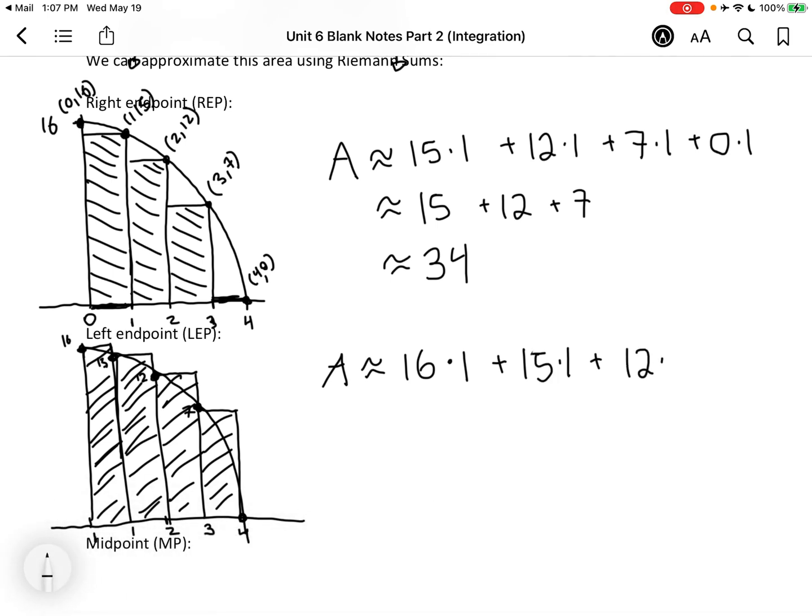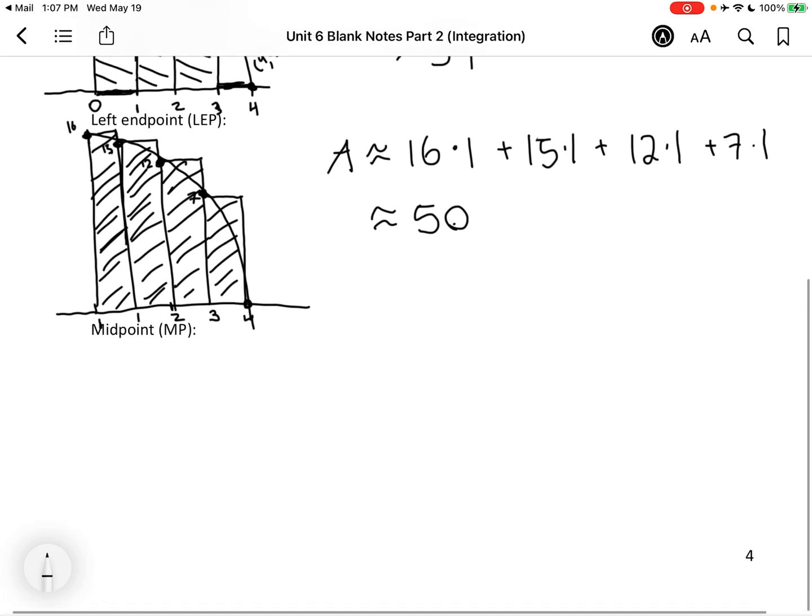The third one would be 12 times 1. And the fourth one would be 7 times 1. And that is approximately 16 plus 15 is 31. 31 plus 12 is 43. Plus 7 is 50.